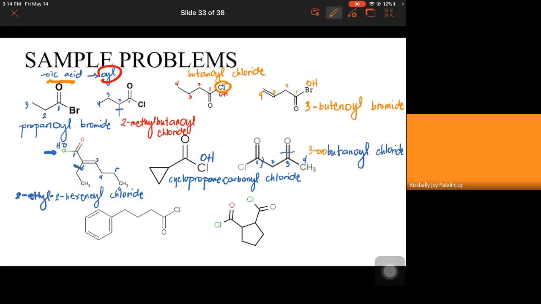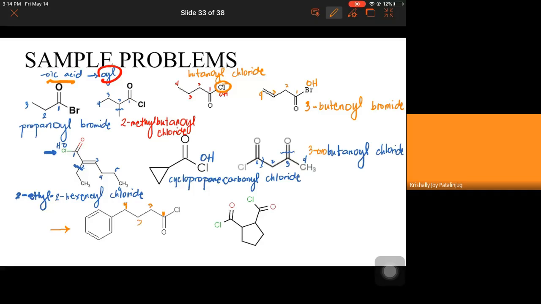Okay, next. Tell me, is this a cyclic compound or still an open chain? Cyclic or open chain? Ano sabi natin kapag cyclic? Dapat naka-directly attach yung, okay, very good. This is an open chain pa rin. Kasi andito yung carbonyl group. Carbon 1, 2, 3.